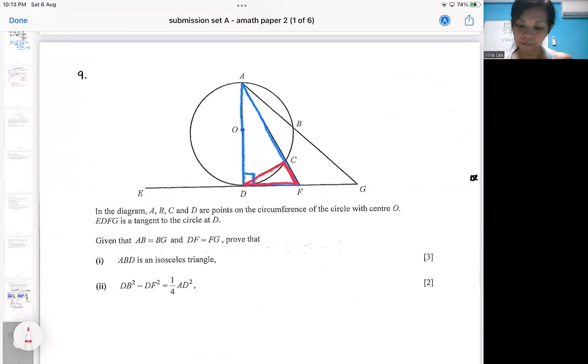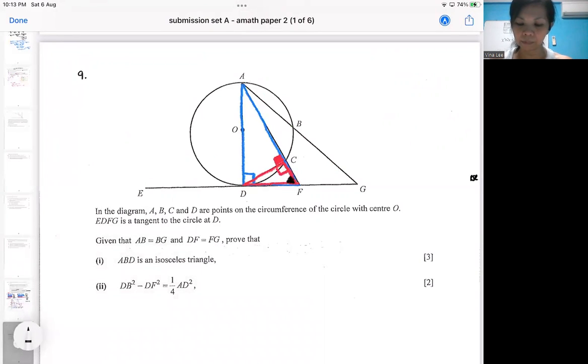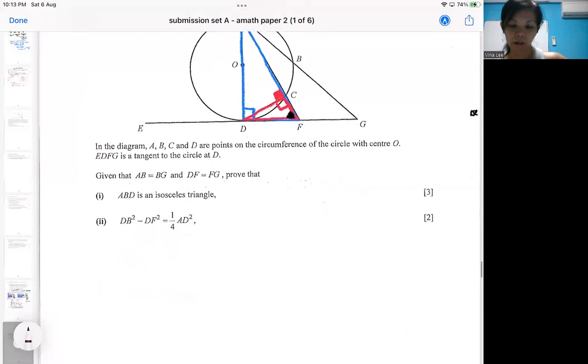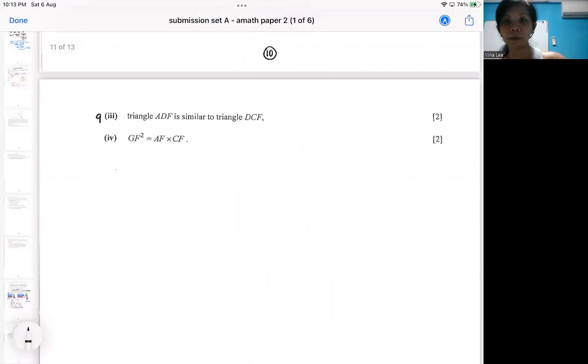So there is an angle in a semicircle. So this part will be angles on the straight line. So I also got a 90 degree already. And then, so I got a pair of 90 and I got a common angle. So that will be sufficient to prove the similar triangle. Okay, so I won't be writing it out. It's already in the worked out answer.